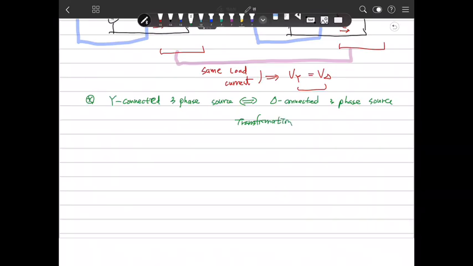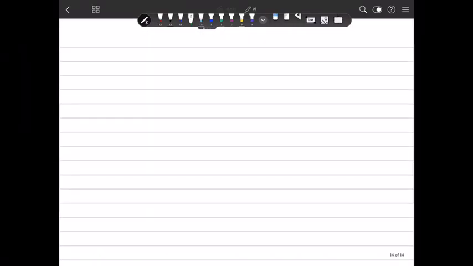Then we need to find out how the Y and delta structures are identical. So we'll derive how to find that.